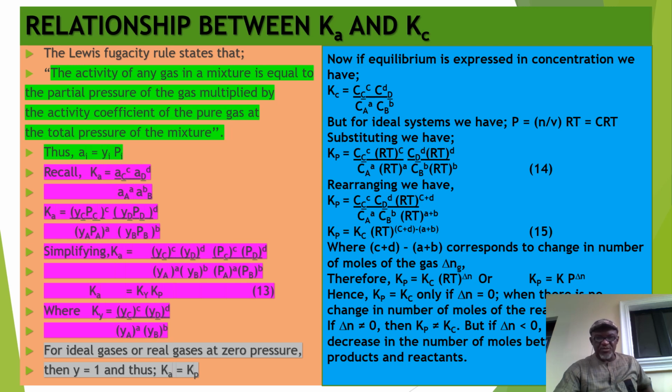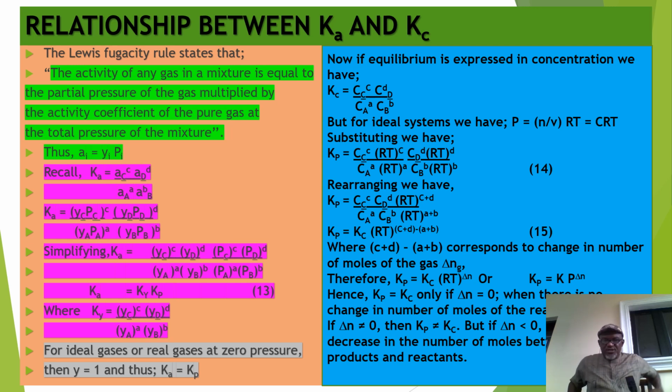So it means that Kp is equal to Kc (RT) to the power (c + d) minus (a + b). c + d and a + b are the coefficients, that's the number of moles of the products minus the number of moles of the reactants. So we can say that Kp is equal to Kc (RT) to the power delta n.